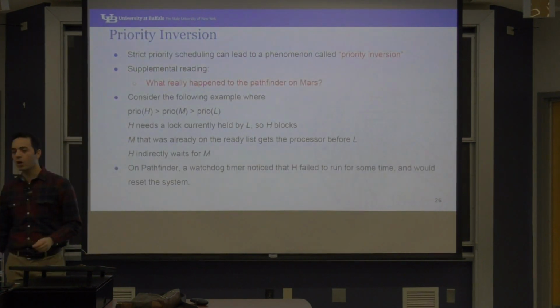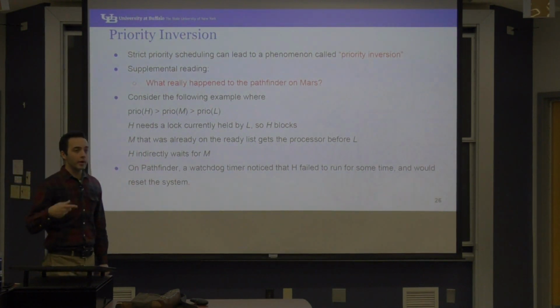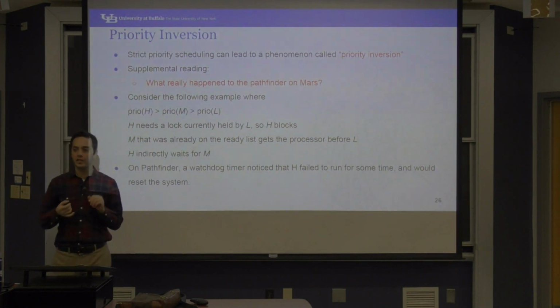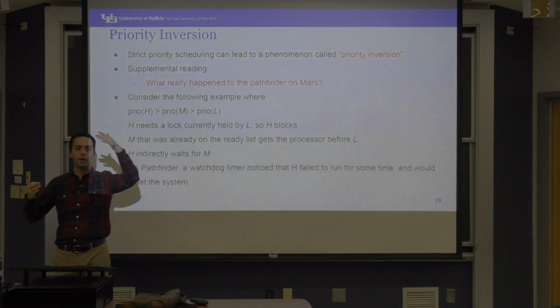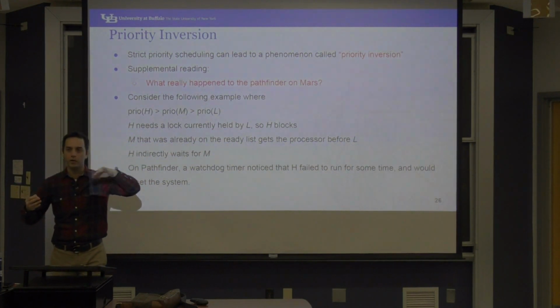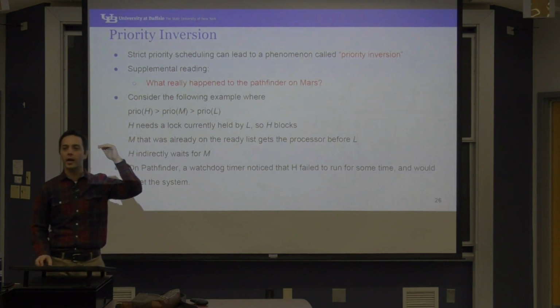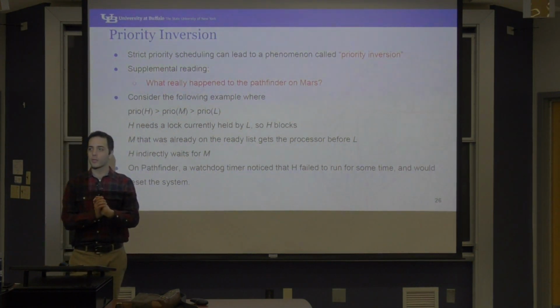All right. So now we're going to talk about an example of priority inversion. When you implement priority, there is an interesting glitch that can happen. Priority is when a higher priority thread takes over a lower priority thread, right? So as long as there's a thread running with higher priority, a lower priority thread cannot run, right?